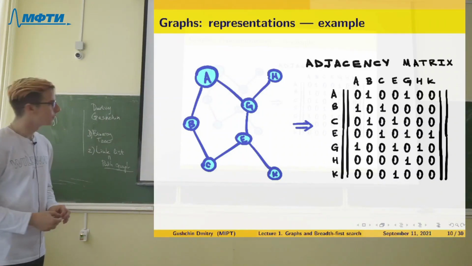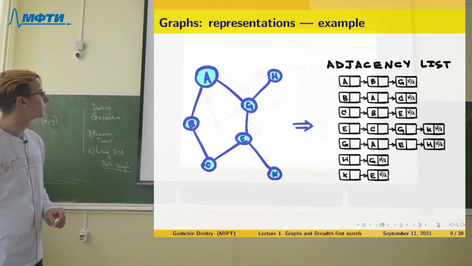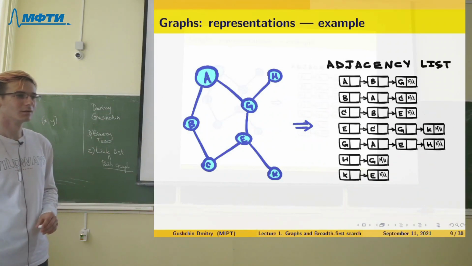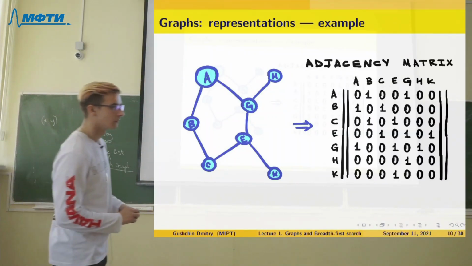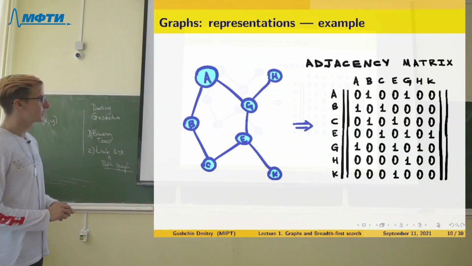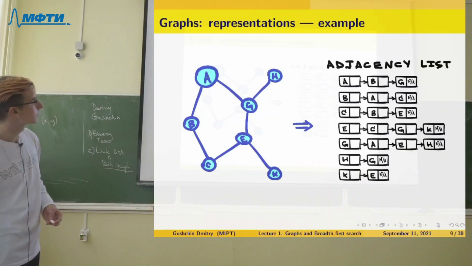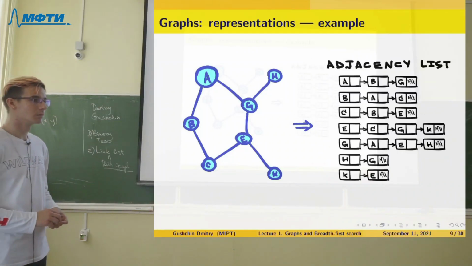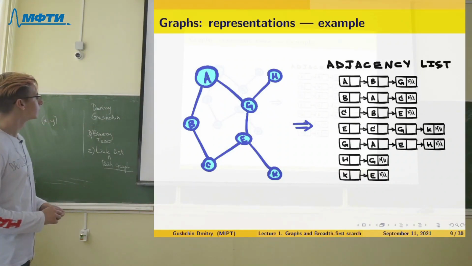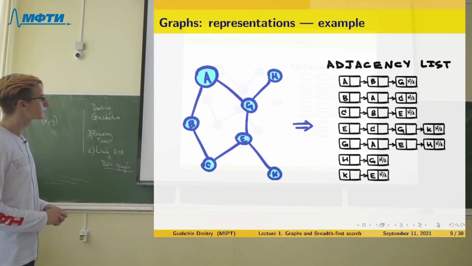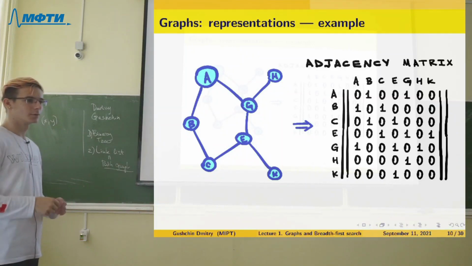Do you know what is the advantage of this representation over the list? Checking an edge in the adjacency matrix is very fast. We can remove edges quicker than in the adjacency list. There it's linear time, O of number of vertices, but here it's O of 1.